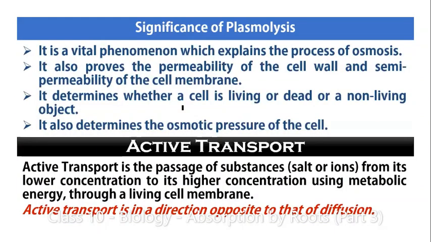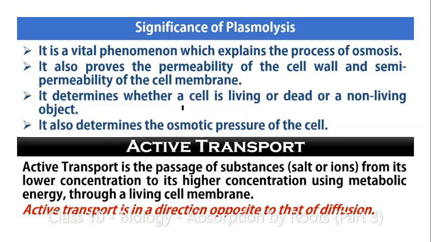So what is the significance of plasmolysis? Plasmolysis explains the process of osmosis. Plasmolysis taking place means water is moving out from inside the cell to the outside. That means exosmosis is taking place, so it shows osmosis can take place.